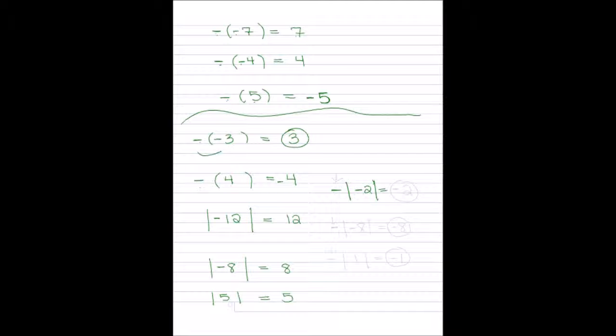So let me write this out. You can ignore the negative sign that's in front. So the absolute value of negative 2 is going to be positive 2. But then there's a negative in the front that I need to continue to leave in the front of the number. So you need to take the absolute value first.